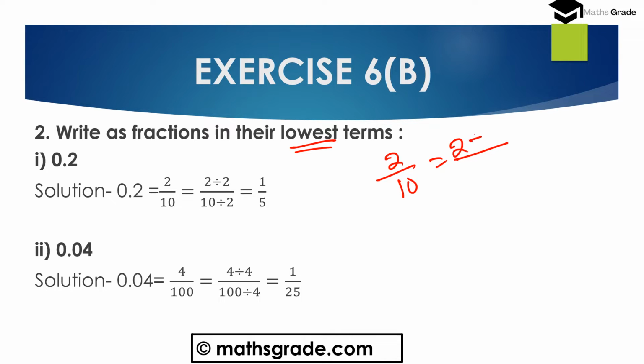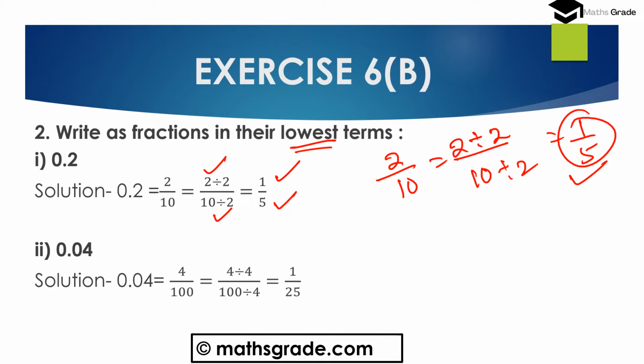Dividing both by 2, 2 divided by 2 is 1 and 10 divided by 2 is 5. So the fraction is 1 divided by 5, which is the lowest term of the decimal 0.2.